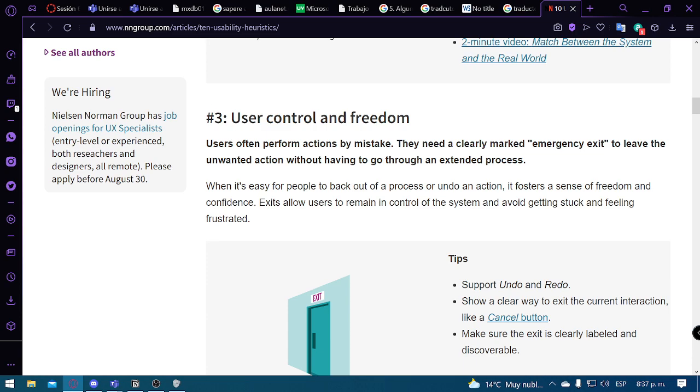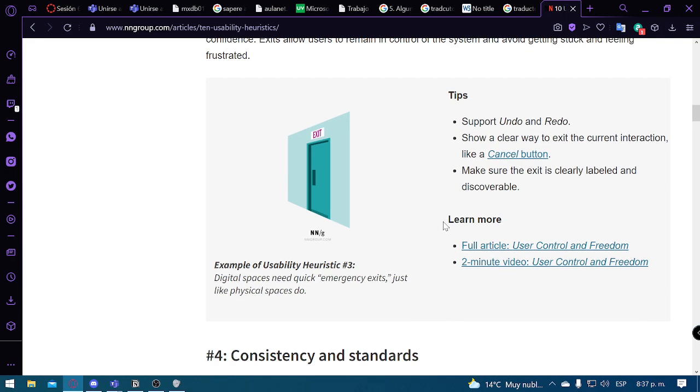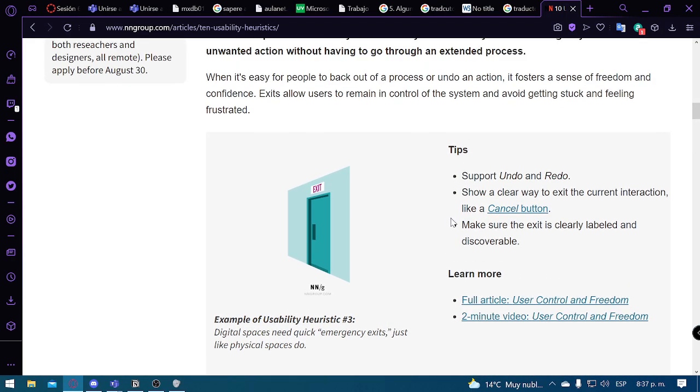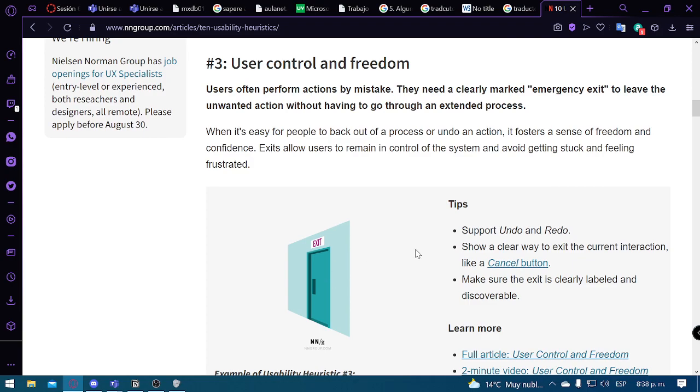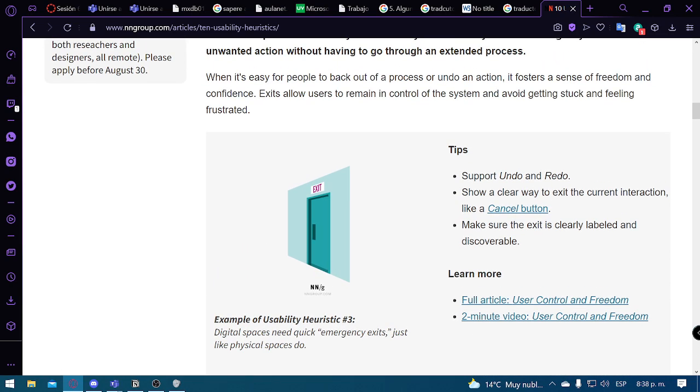In the third tip, the user control and freedom, the users often perform activities by mistake. It is something that always happens to everyone. So in this case, they need a clearly marked emergency exit. As in real life, we have, for example, in a shopping market, an emergency exit.